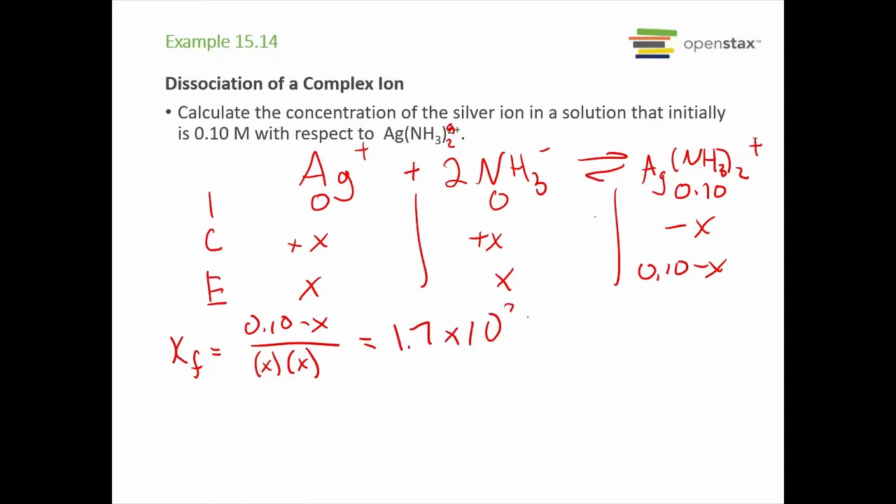So we can say this is way more than x, and get rid of the x in the top. Now this is equal to 0.10 over x times 2x squared. Sorry about that, so then that is 0.10 over 4x cubed.